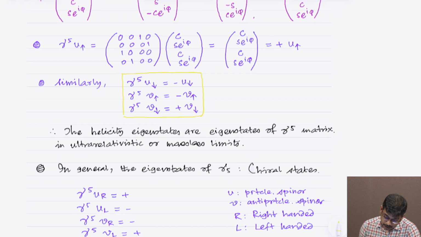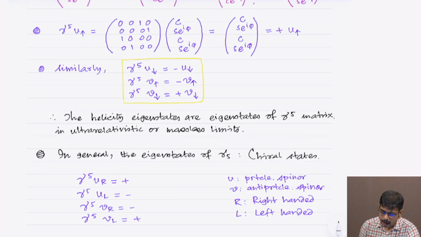In general, the eigenstates of gamma 5 are defined as the chiral states, but what we have seen is that the helicity eigenstates in the ultra relativistic limit are also eigenstates of gamma 5. Therefore, there is an equality of helicity eigenstates and chiral eigenstates in the ultra relativistic limit, or in the massless limit you can say the helicity eigenstates are essentially the chiral eigenstates.